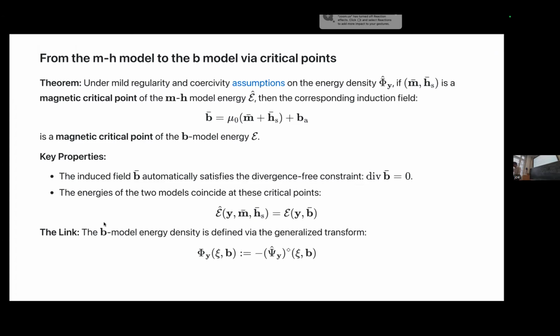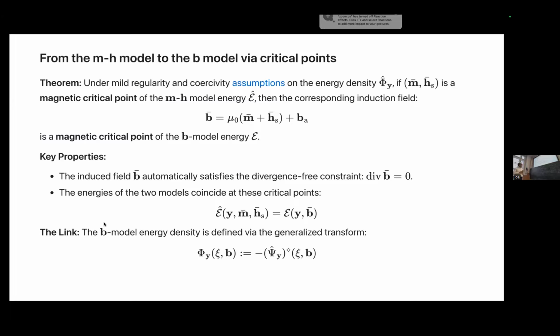And essentially, we have proven two theorems. Under suitable regularity and coercivity assumptions, if you consider two critical points for the two models, the two energies coincide.